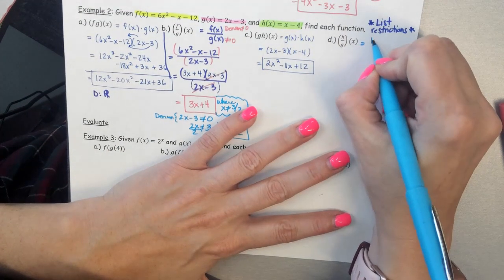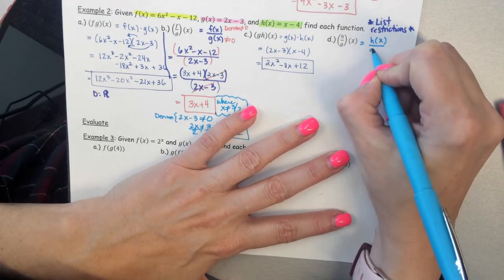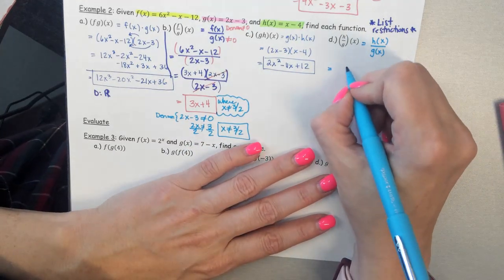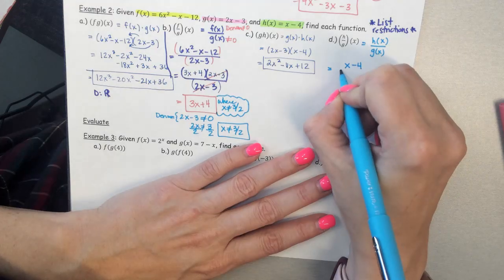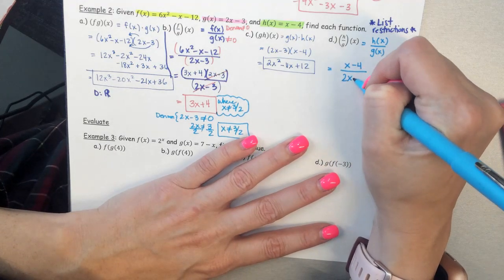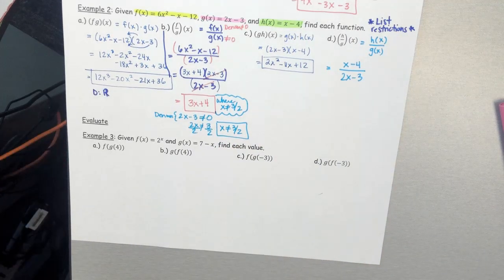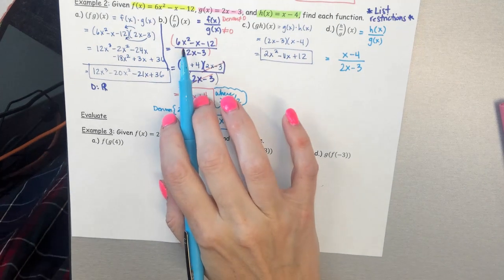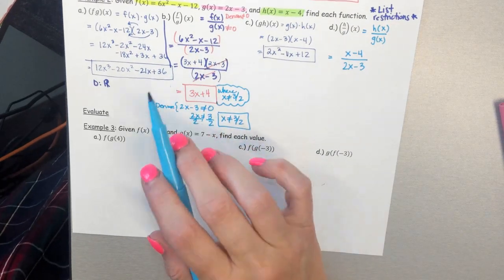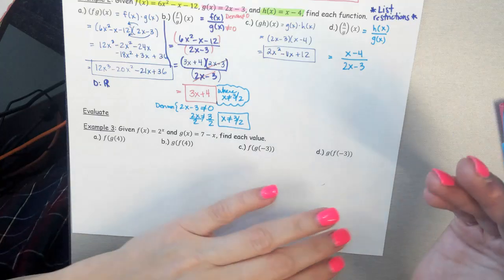So this is the same thing as h of x over g of x. Okay, your h of x is a binomial, x minus 4. So is g of x, 2x minus 3. There's nothing to divide here. You can't simplify it. You can only do the simplification if your degrees here, this degree is greater than this one, so if you have a trinomial and a binomial, or you can factor and cancel.